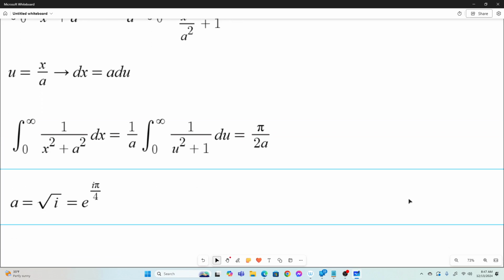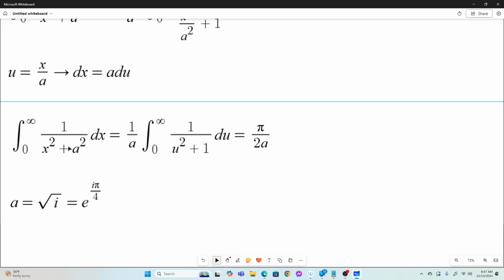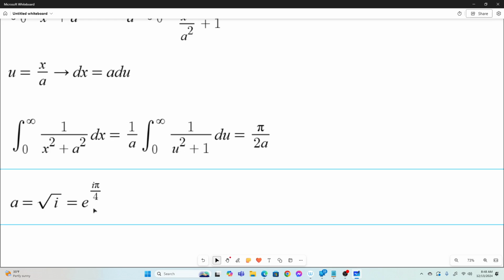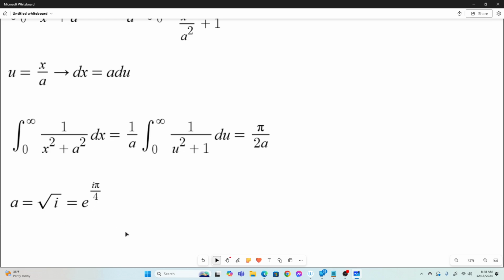All right. So next, we let a equal the square root of i. So we're just going to plug in a equals square root of i into this result right here. And of course, square root of i is equal to e to the i pi over 4. Its principal value is e to the i pi over 4.